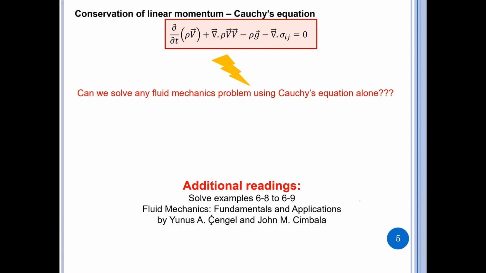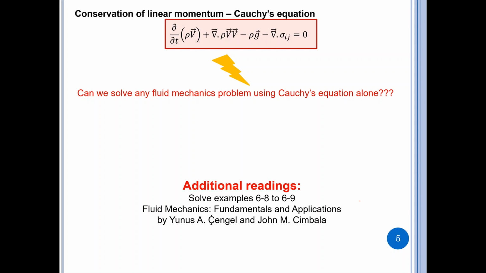If I use Cauchy's equation coupled with the continuity equation, then we have 4 equations and 10 unknown variables. Simple rule of mathematics: for any system to be solvable, the number of variables and the number of equations has to be the same.